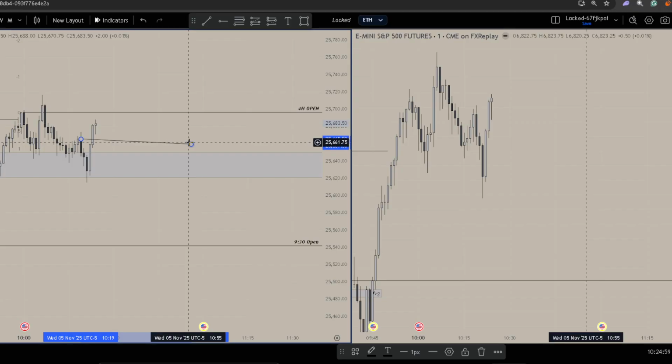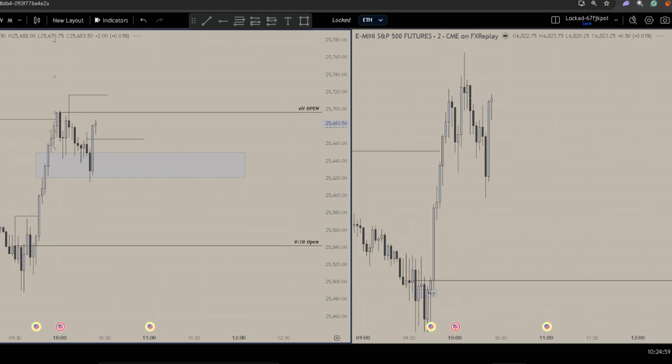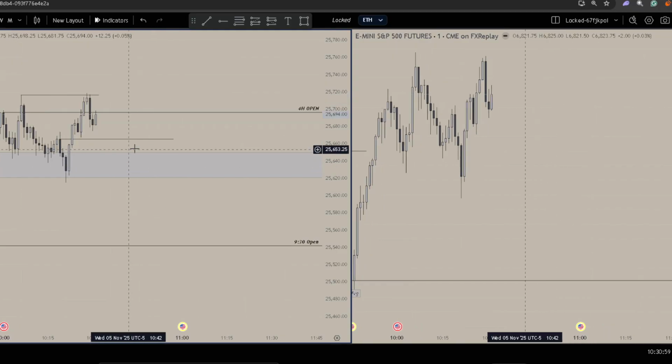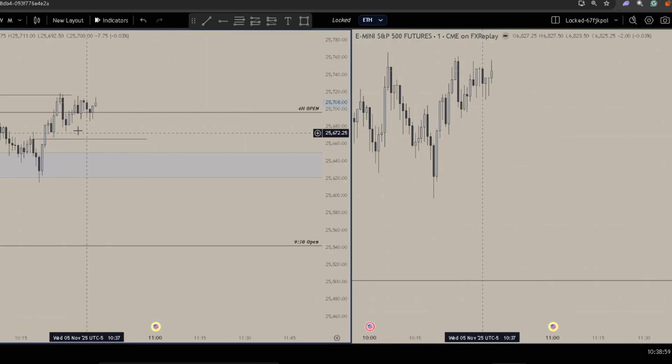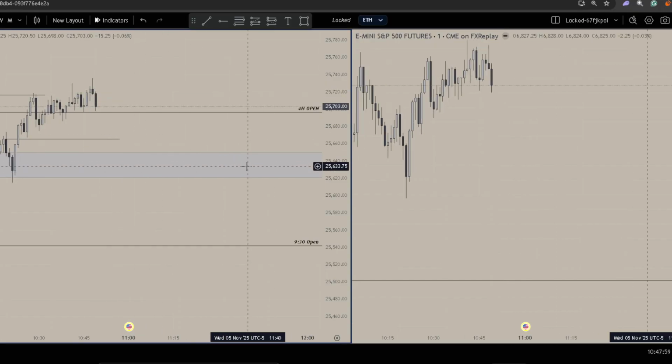Yep, now we have this closure right here. Just had to wait a little bit. And then we're just dancing around the 10 a.m. open. Right now it's about to be 11.